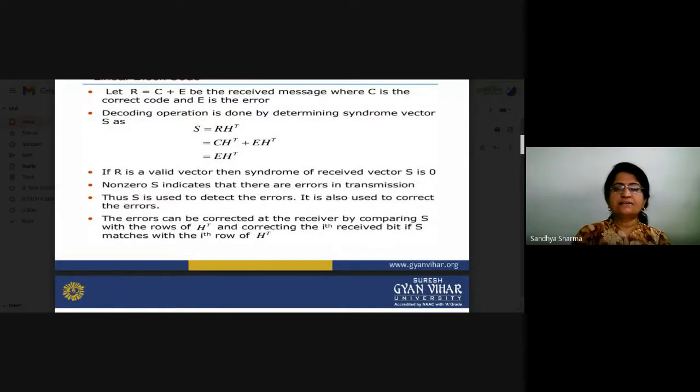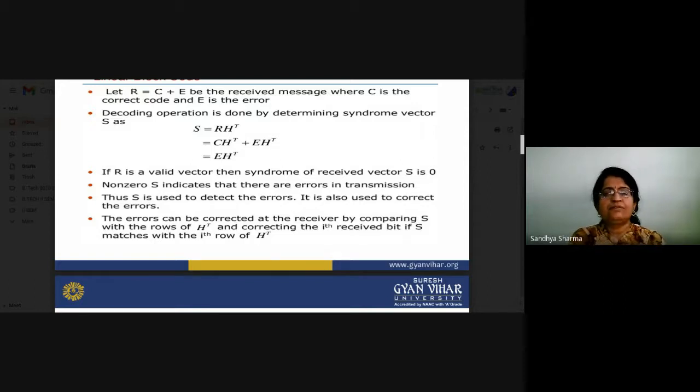Now we will see errors can be corrected at the receiver by comparing S with the rows of H transpose, and correcting the ith received bit if S matches the ith row of H transpose. So you have to remember how to find the error.